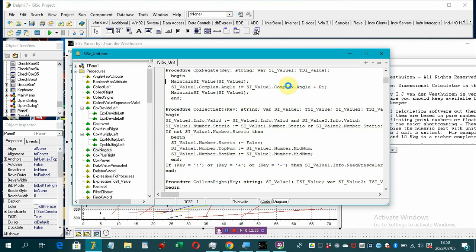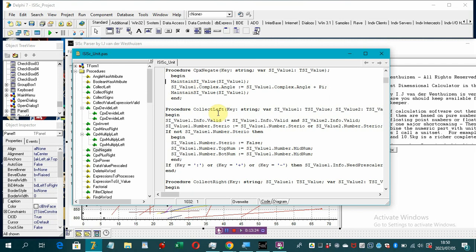So I'm basically adding 180 degrees to the angle, and by doing that, 180 degrees is equivalent to an invert. You invert the direction. So you swivel it around, the complex angle gets added 180 degrees, and that basically negates. Sorry, negates. Yeah, invert is a bit different.